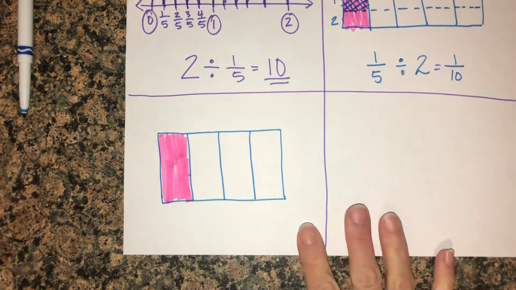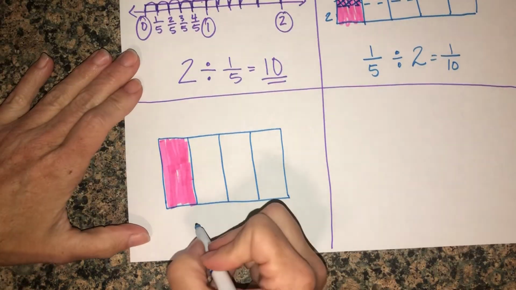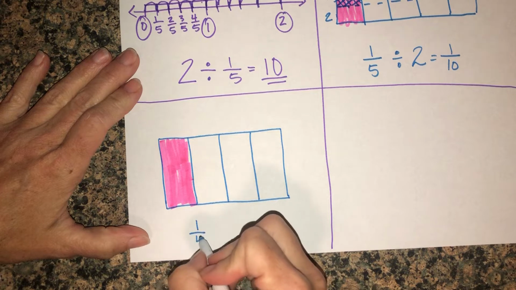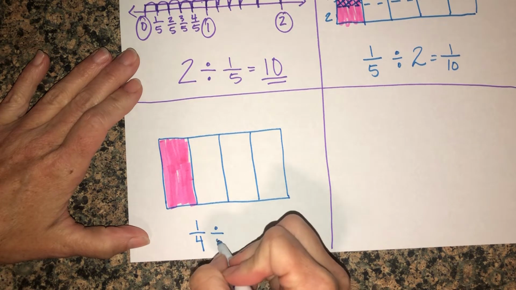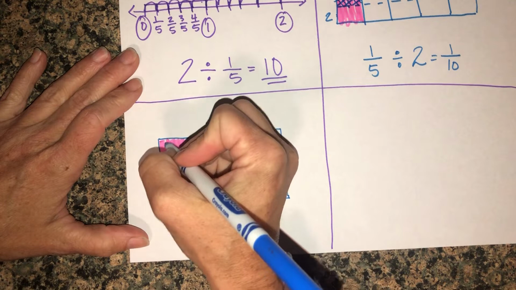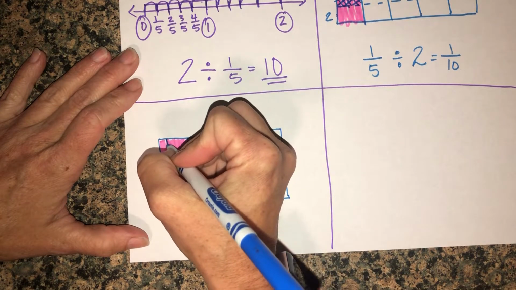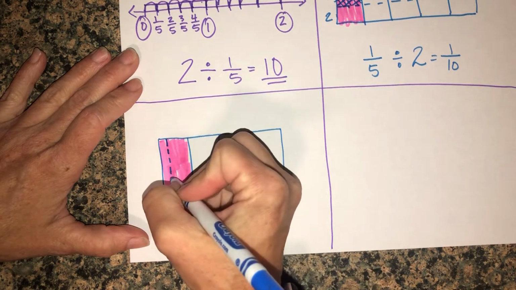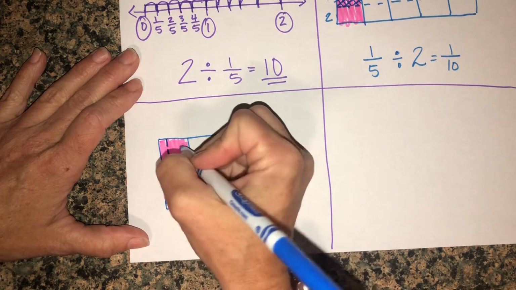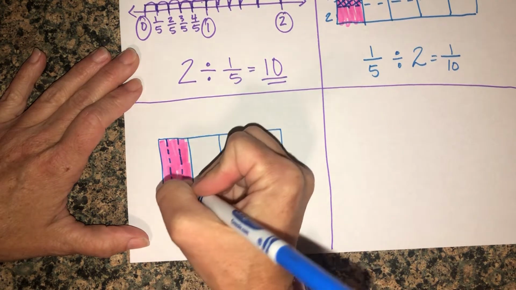So this shows 1/4. The shaded part is what you're starting with. Now I'm going to be dividing it into pieces. Let's say I do it this way. There's no law that says you have to only split it horizontally. I could split it vertically.